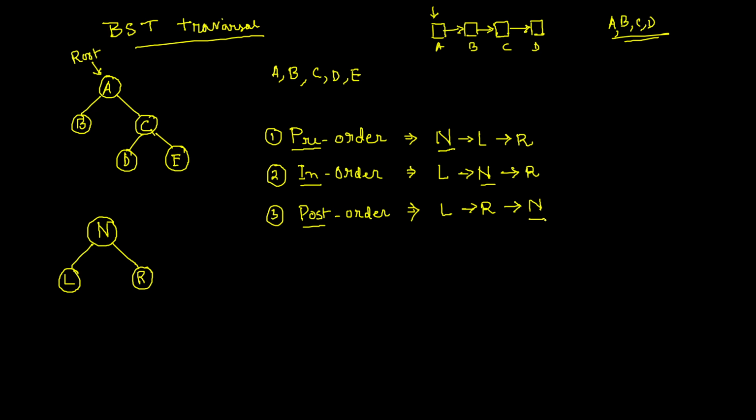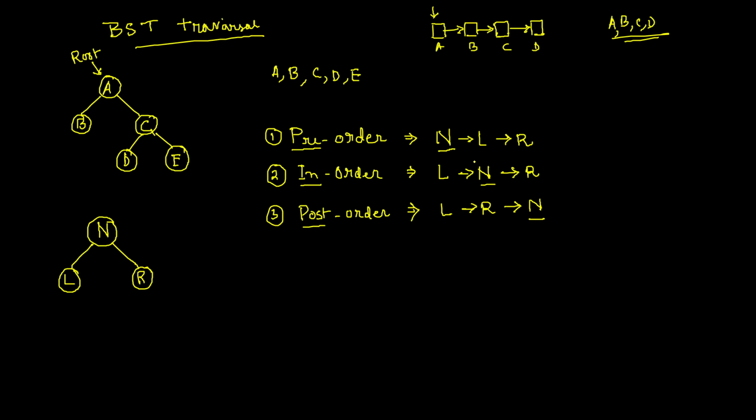In inorder, the parent is in between the left and right child. In postorder, the parent is after the left and right child. So the names came depending on this. And one more observation is that the order between the left and right child has not changed. The left child is always visited first and then the right child.